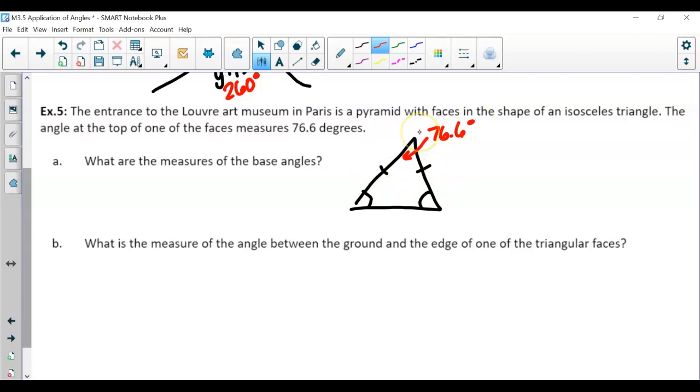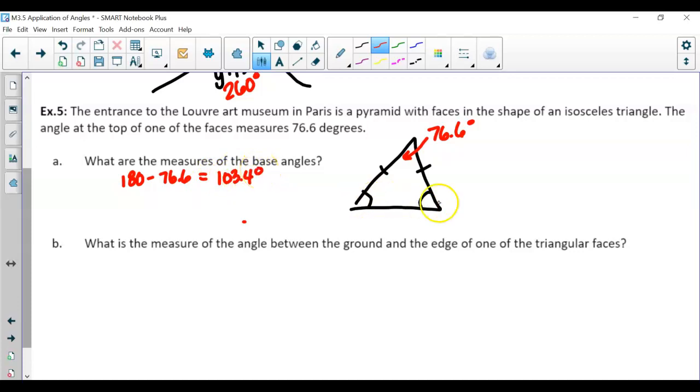So now notice first off, we need to figure out how many degrees are left between the two, right? So we need to subtract that 76.6 from 180 degrees. So here we've got 180 minus 76.6 degrees. That means we are left inside of our triangle between the two base angles with 103.4 degrees.